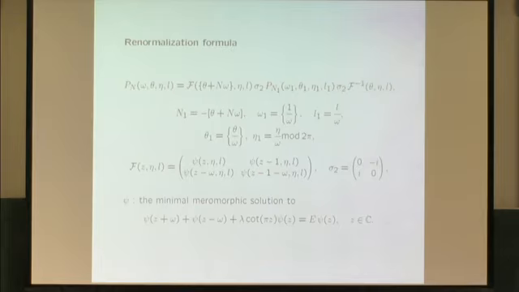P of k is the product of k matrices, ergodic product of k matrices. And here you have again a fundamental solution of another matrix Maryland equation, as in the case of exponential sums, but with the new parameters: omega 1 instead of omega, theta 1 instead of theta, eta 1 instead of eta, and L1 instead of L.